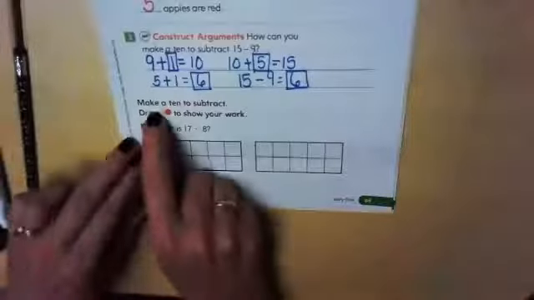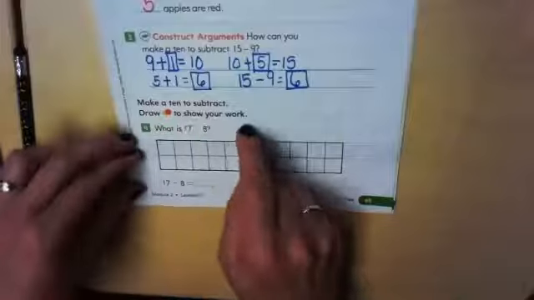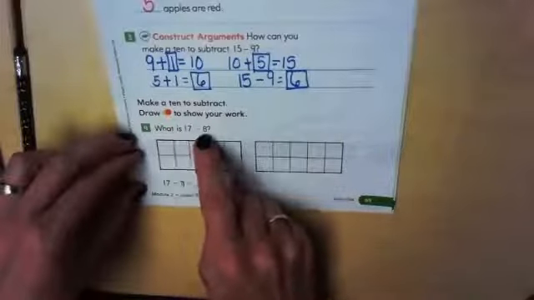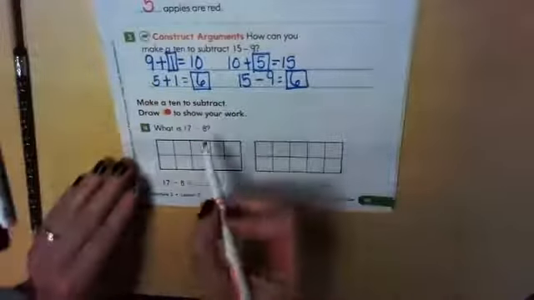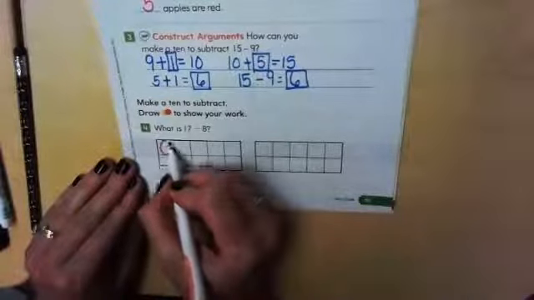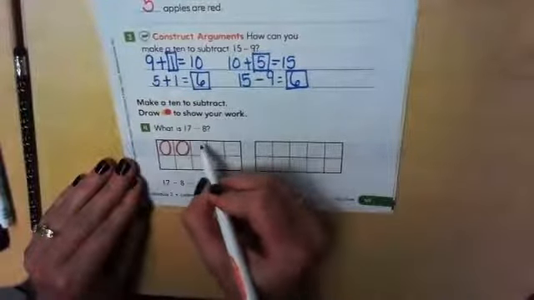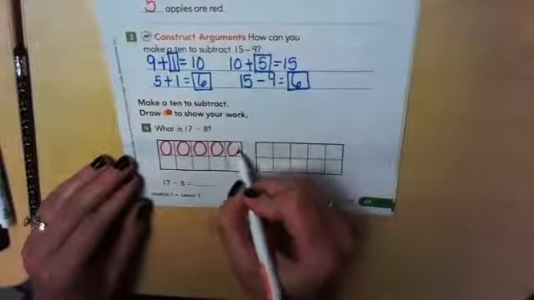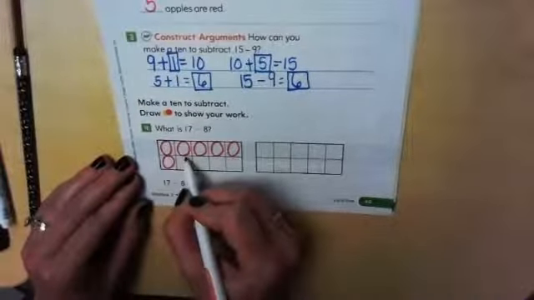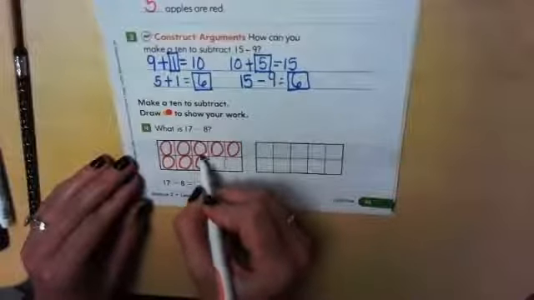All right, now we have to make a 10 to subtract, and we have to draw circles to show our work. What is 17 minus 8? Well, let's fill our circles into the 8. Let's fill this 10 frame in. We're going to put 8 in first. So I'm on 5, 6, 7, 8.